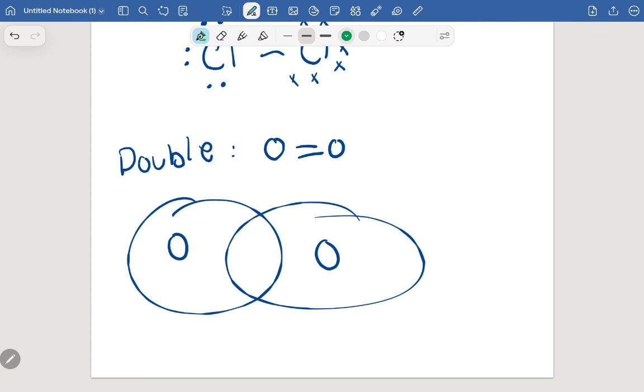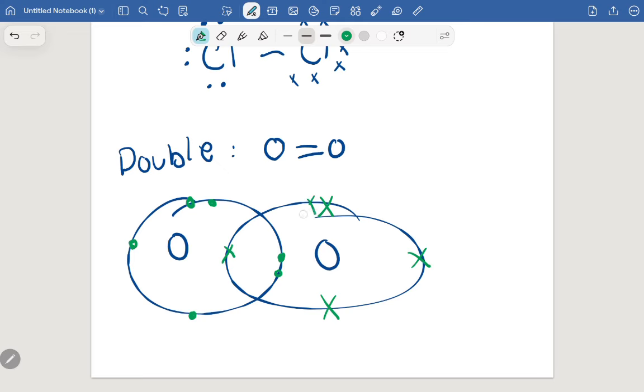Oxygen has 6 valence electrons, right? So it's gonna be 1, 2, 3, 4, 5, and 6. Perfect. Then the other oxygen, same exact thing. It will have 1, 2, 3, 4, 5, and 6 valence electrons.